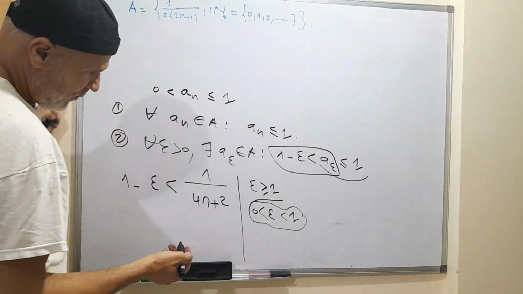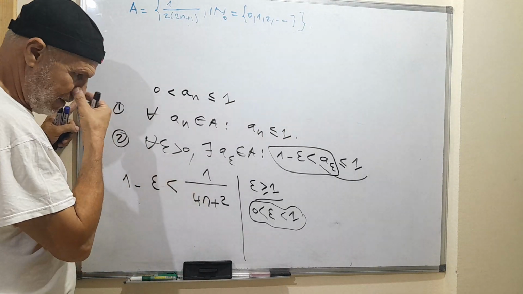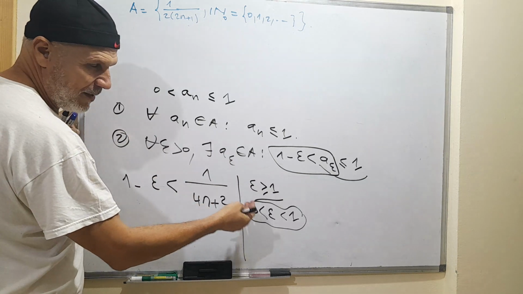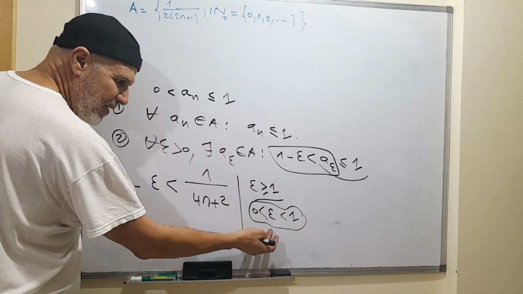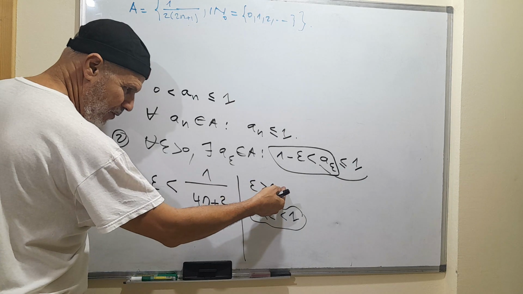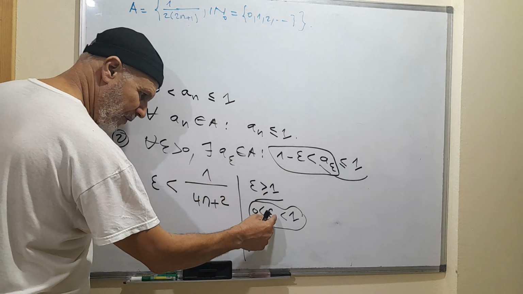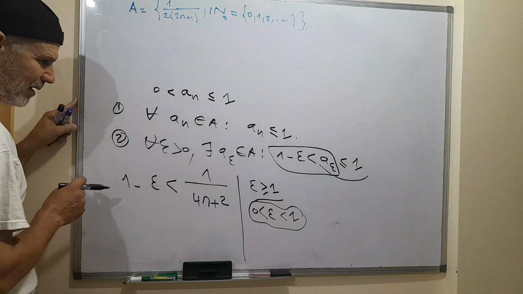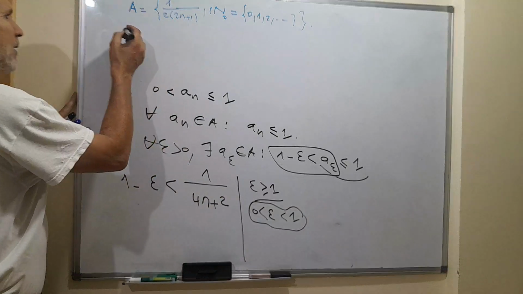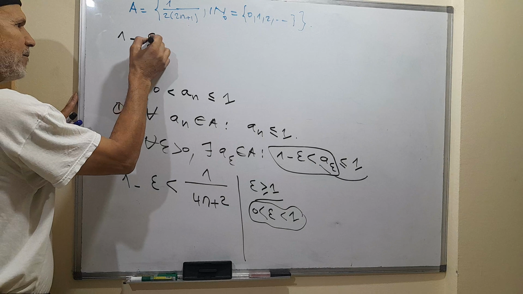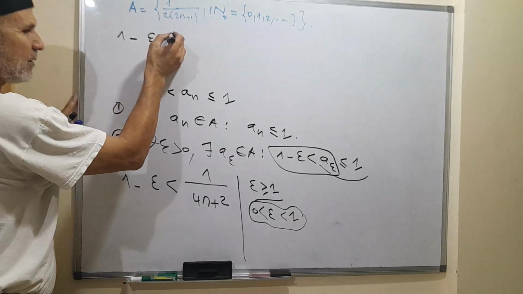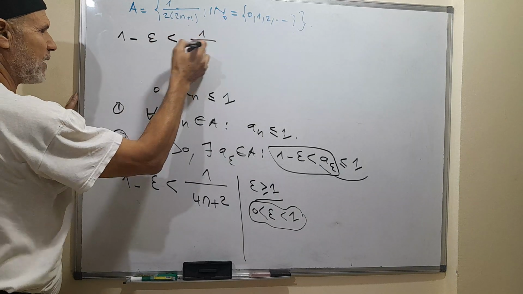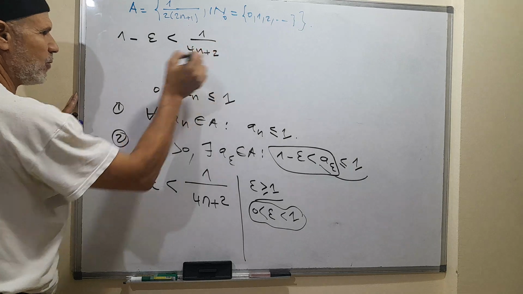Actually, we are discussing all the cases of epsilon. If epsilon is greater than or equal to 1, it is trivial. If epsilon is between 0 and 1, we are in this second case. We will have 1 minus epsilon less than 1 over 4n plus 2.